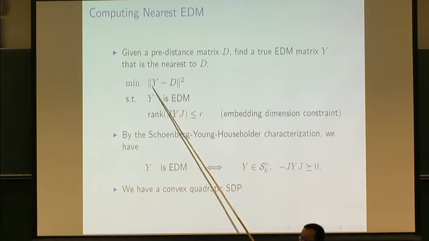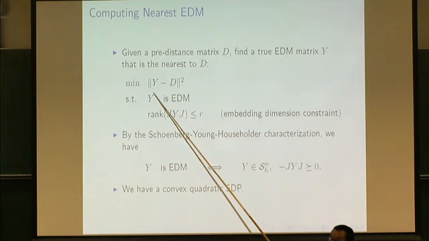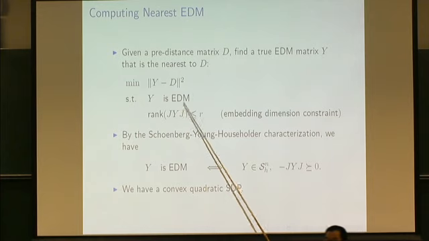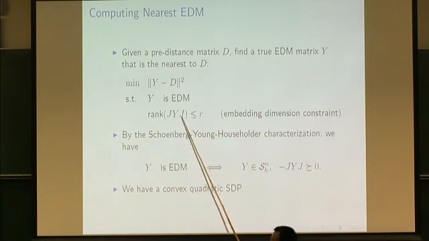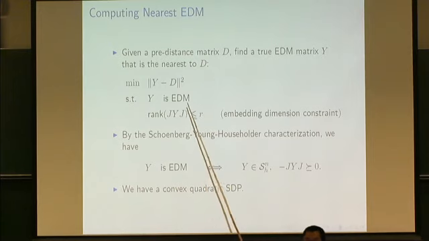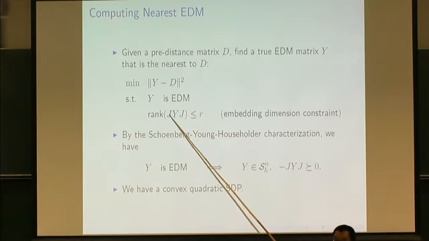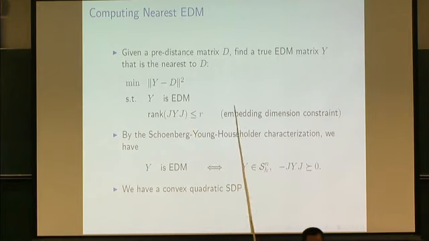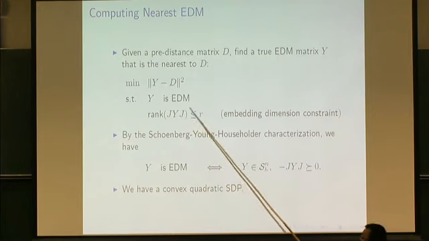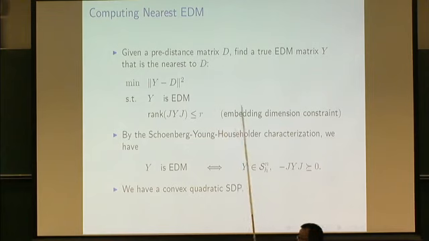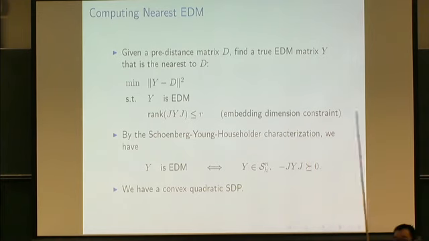You want to find a true Euclidean distance matrix, and remember the Schoenberg and Householder theorem said that the negative is positive semi-definite. The rank is the embedding dimension, and we ask the rank to be no more than r. If you do this, you have a quadratic SDP. I think a panel can solve such problems.